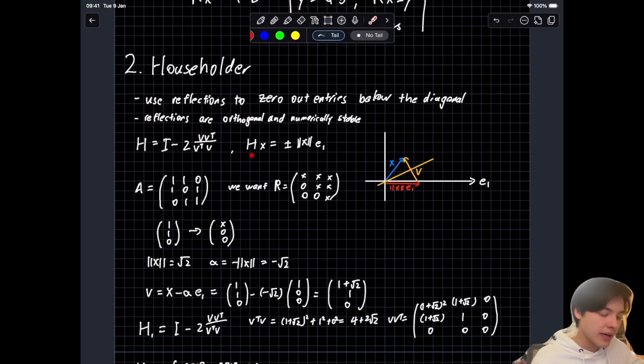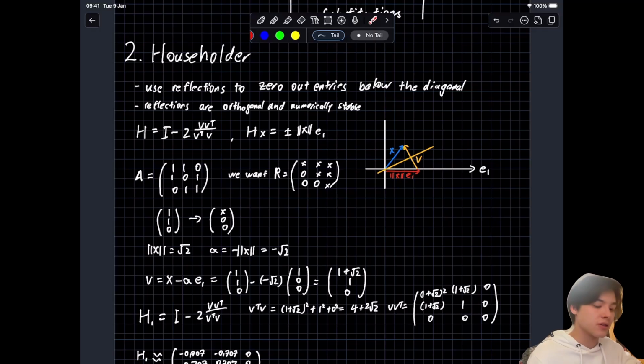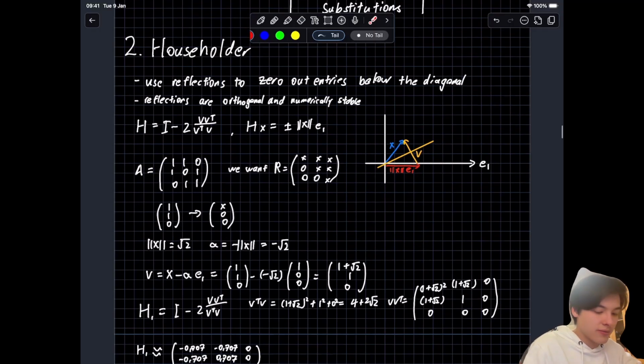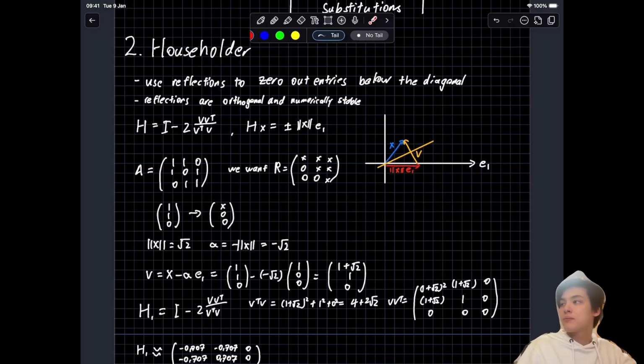And we see that Hx does not influence the size of x. So yeah, that's what I'm trying to say. It just keeps the size. So if we have x, we would just put the distance along one of the bases.